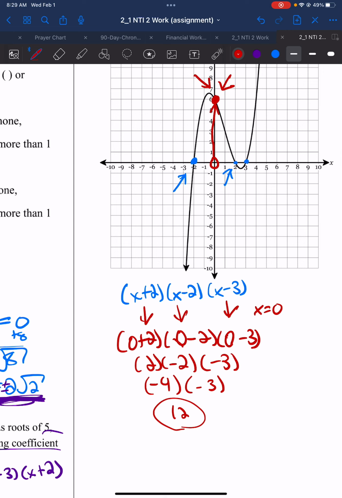So in this case, I've got to think about what I need to multiply 12 by to get to 6. Well, it's not too hard. All I've got to do is multiply by 1/2, because 1/2 times 12 is going to give me the 6 that I need. So the full equation for what I've got is this right here. Give me the roots, compare the y-intercept, see what you need to multiply by.